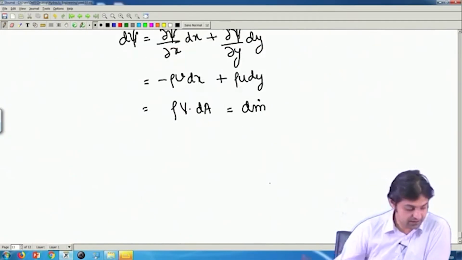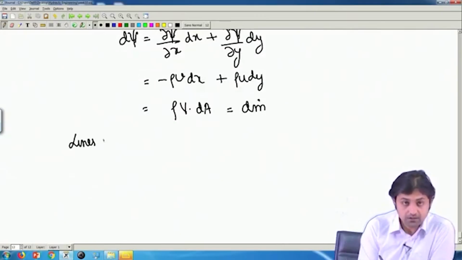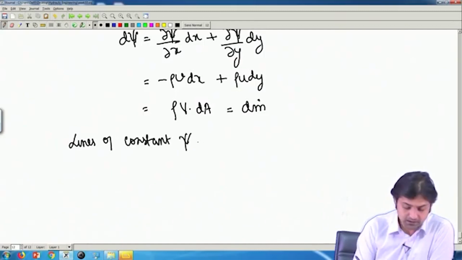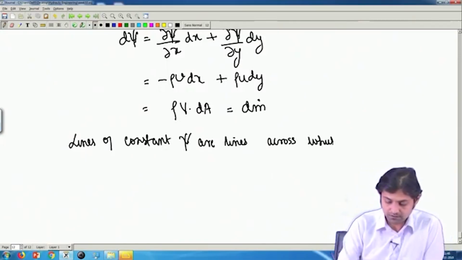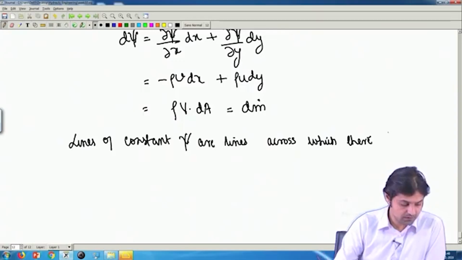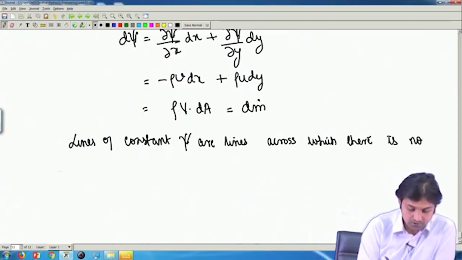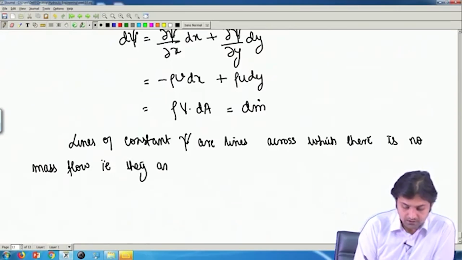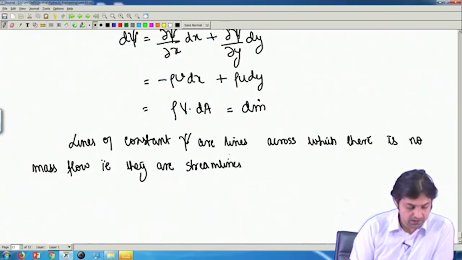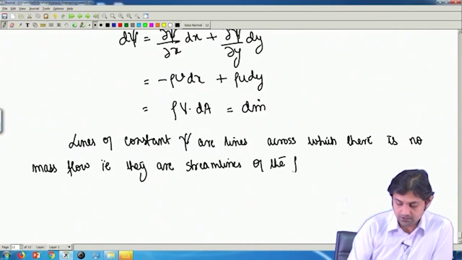So this implies that lines of constant psi are lines across which there is no mass flow, that is, they are streamlines of the flow.